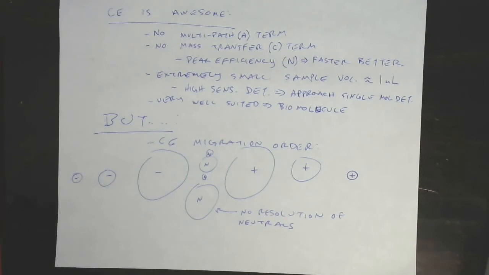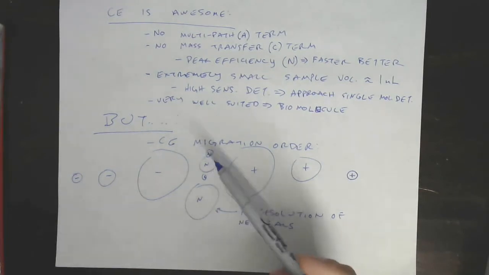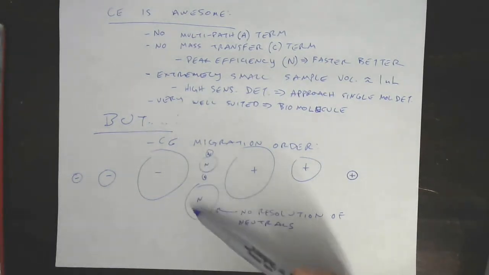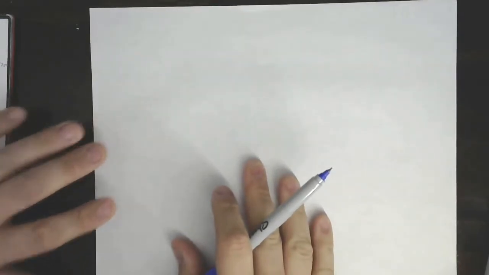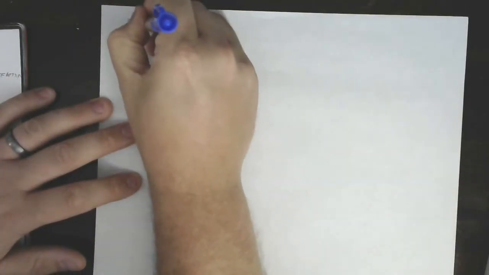So what I want to talk to you about in this half of the lecture today is a modification of the CE technique that gets a new fancy long name, designed specifically in the mid 80s to fix this problem, to get resolution of neutrals in this format of CE. This technique is called micellar.